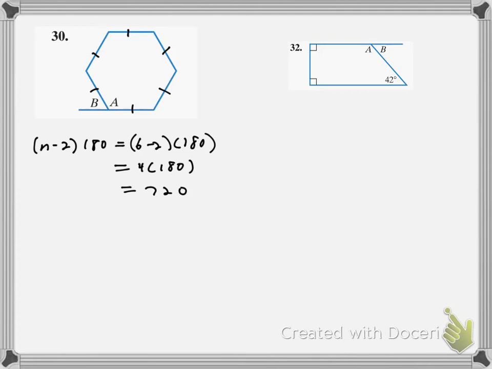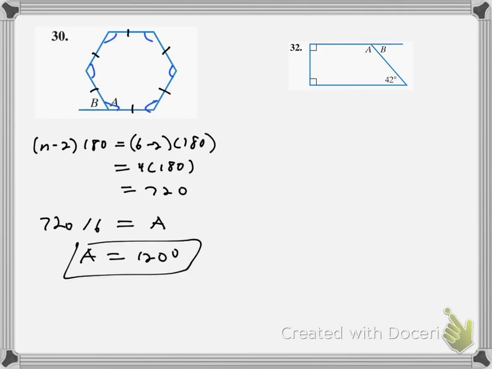Okay, we're going to assume that this is a regular polygon because I think the directions did say it was a regular polygon. So that means that every one of these angles is equal. Since there's 6 of them, I would just take 720 divided by 6 should be A. So that means that A is 120 degrees. Okay, so far I have A.